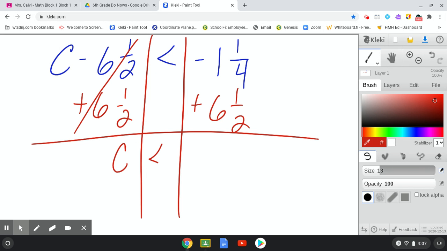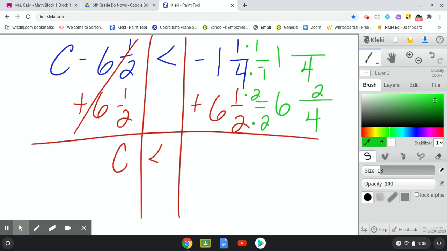Now I have to come up with a common denominator. All right, so when you have a whole number involved, always carry over your whole number because many students forget about it. So now I need to find a common denominator between 2 and 4. That happens to be 4. So 2 times 2 is 4, 1 times 2 is 2. 4 times 1 is 4, 1 times 1 is 1.